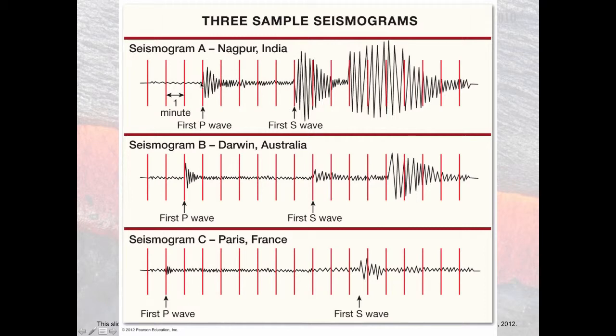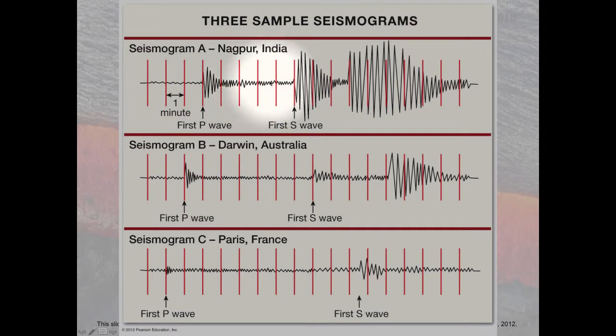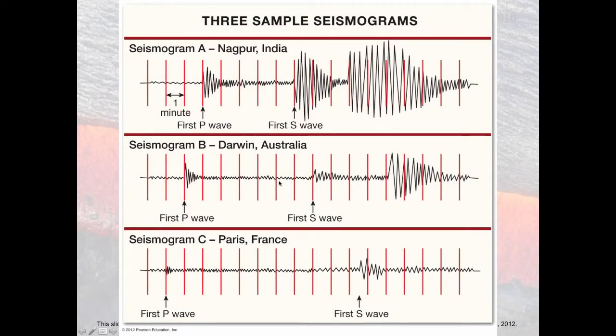So let's look at the difference between the P and the S wave arrival. From India it is 1, 2, 3, 4, 5 minutes. In Australia, it's 1, 2, 3, 4, 5, 6, 7 minutes. And in France, it's 1, 2, 3, 4, 5, 6, 7, 8, 9, 10, 10 and a half minutes before the first S wave.